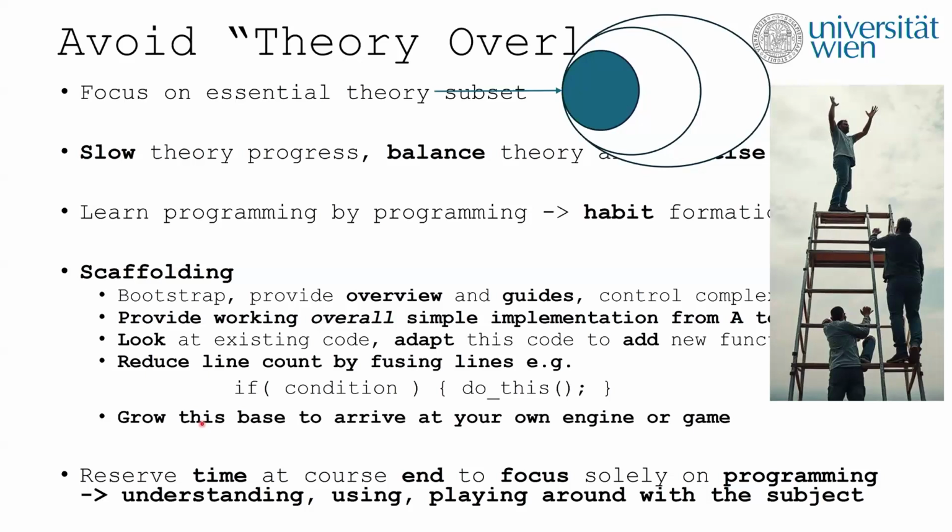And then finally, in the last slice of the course, to create their own game engine on top of that and create their own game with that. Again, a lot of programming, a lot of implementation, but you cannot do this if you haven't understood the basis where you're actually coming from.